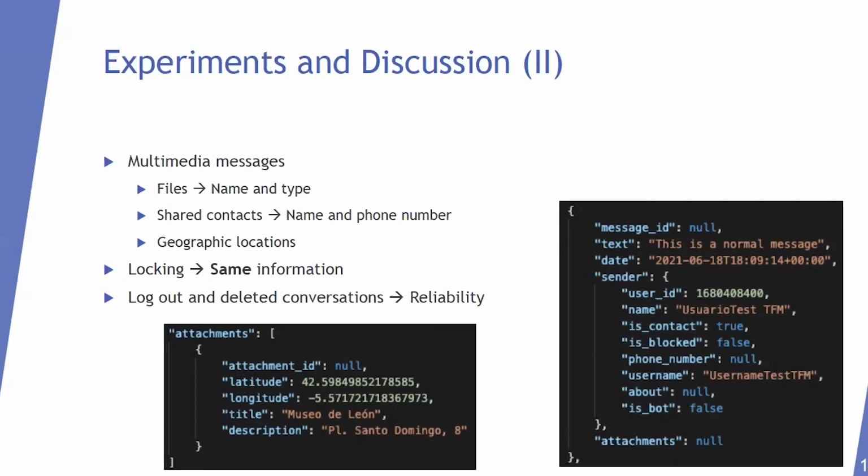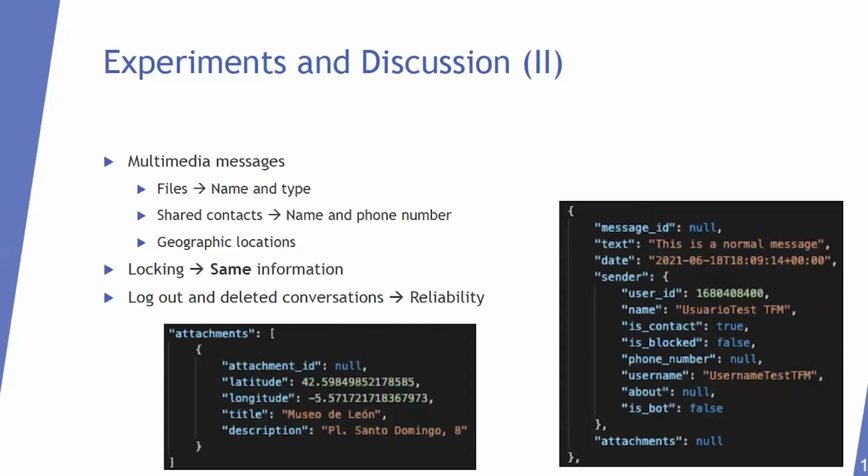And on the bottom left, we can see a geographic location retrieved. For this kind of messages, we can get their latitude and their longitude. And if additional information was attached to the location, like the name of the place or its address, we can also get that information.